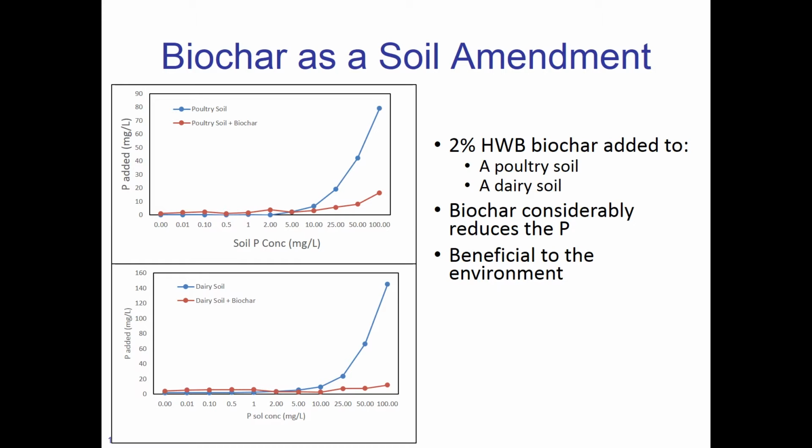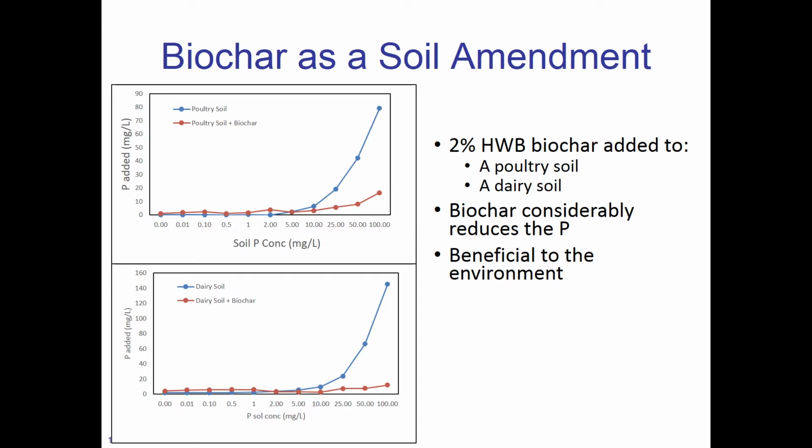And as you add biochar to the soil, in this particular case, we added a 2% biochar, you will notice that the solution P concentration reduces, right? So it actually holds on to the phosphorus.